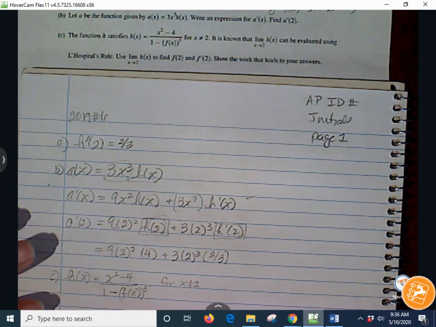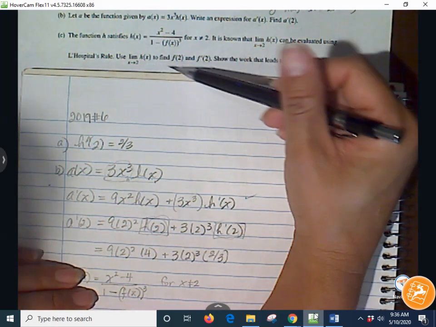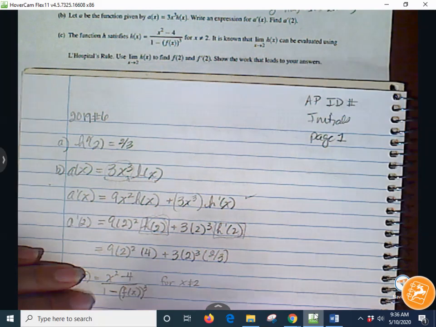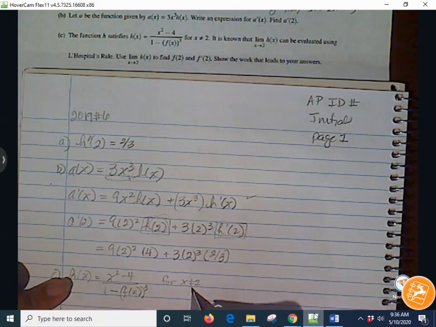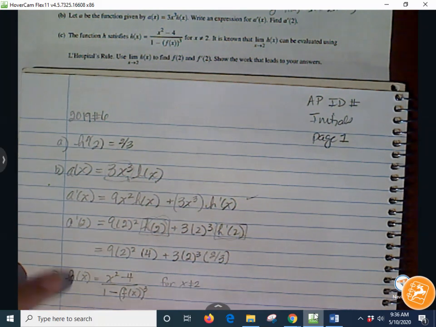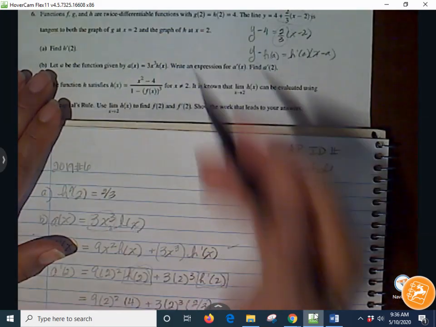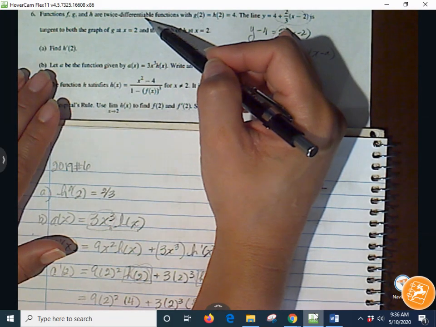So if I had to use L'Hopital's rule, I had to have gotten an indeterminate form, okay? Use this to find blah, blah, blah. Okay, so it says that it's for not x equal to 2, but also remember that they said that this is continuous by saying that it's differentiable.